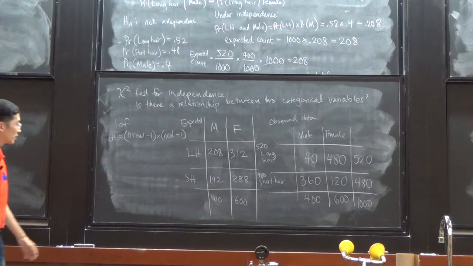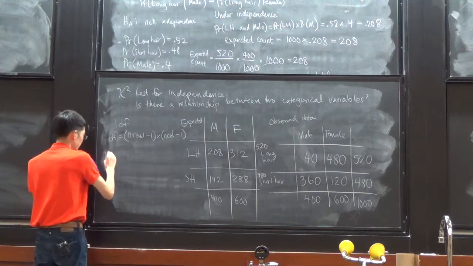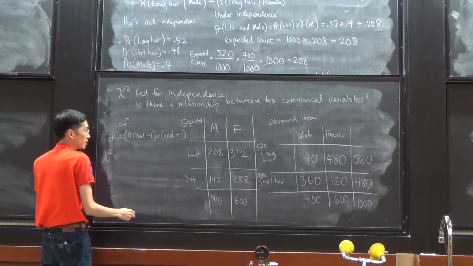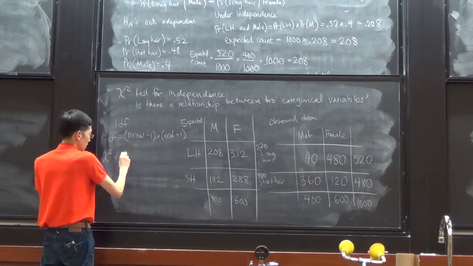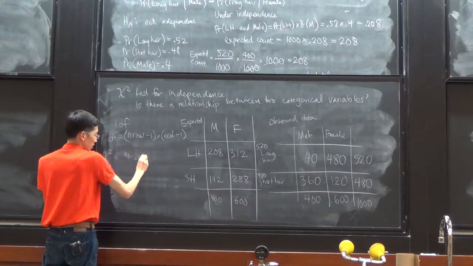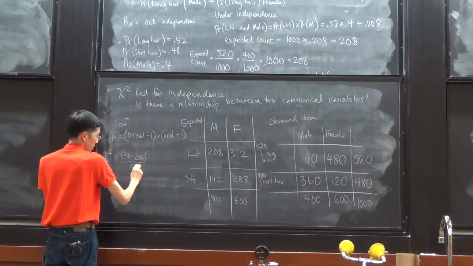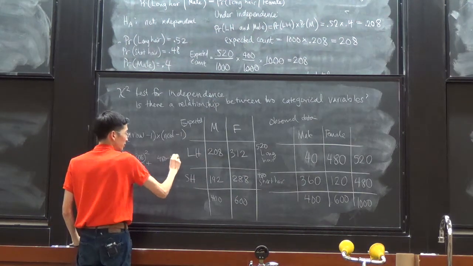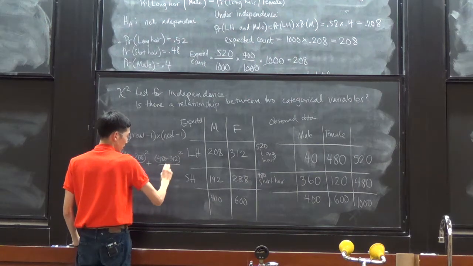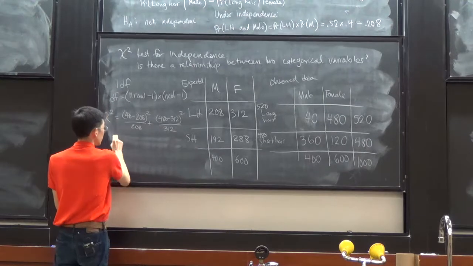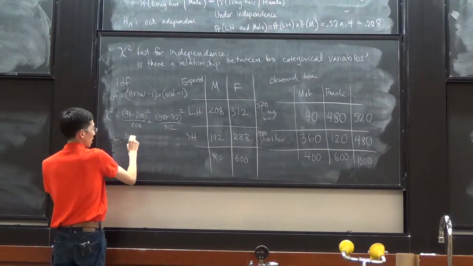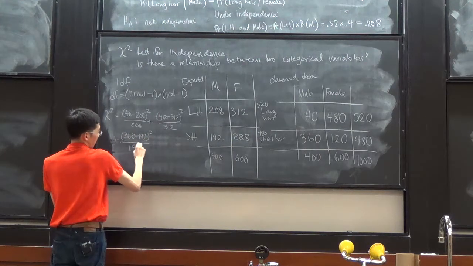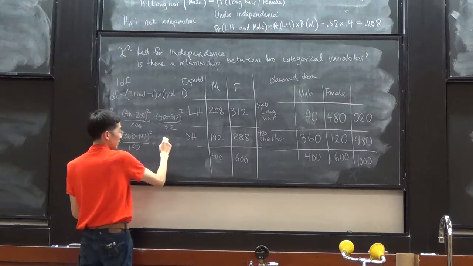Alright, and now we can calculate our chi-squared test statistic. So I would do the observed minus the expected squared divided by the expected. So I would do 40 minus 208 squared over 208 plus 480 minus 312 squared over 312 plus, so it gets a little tedious because you have four numbers to calculate.